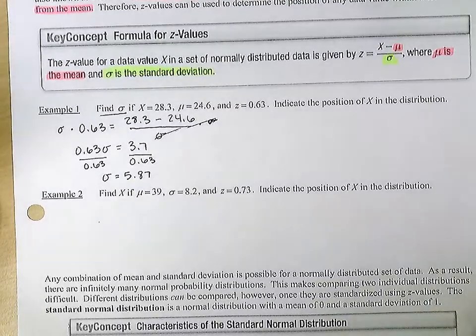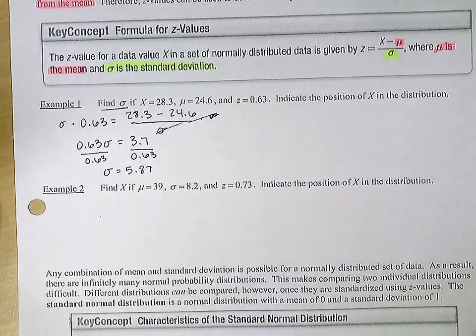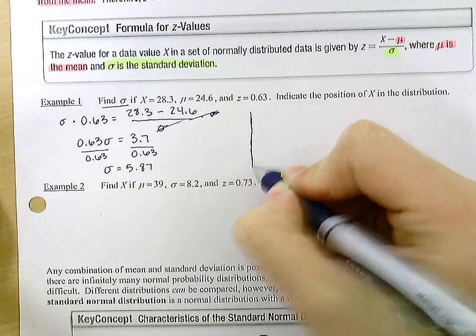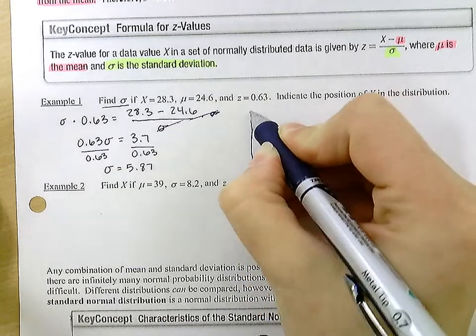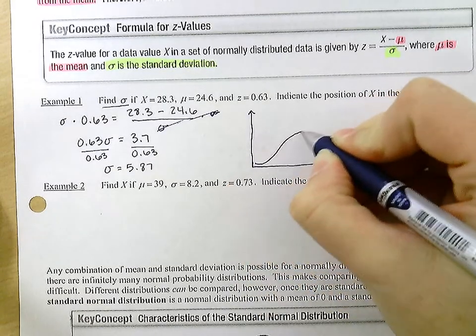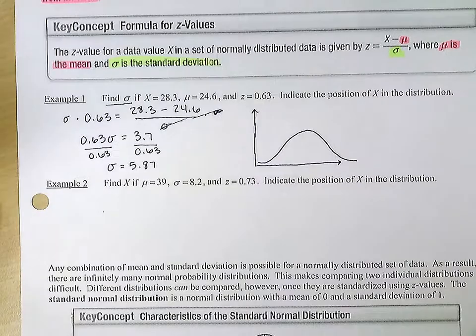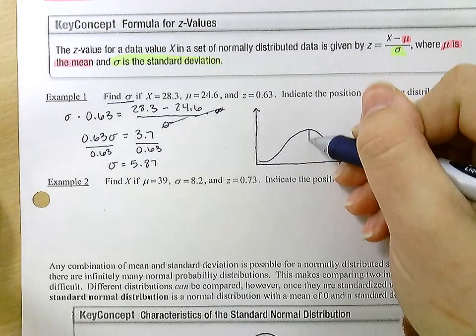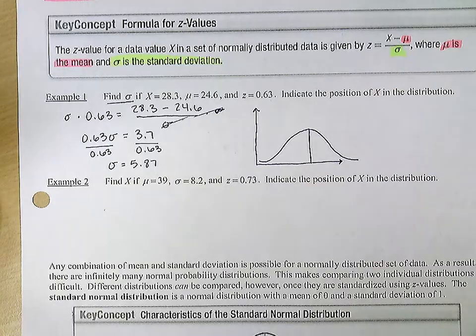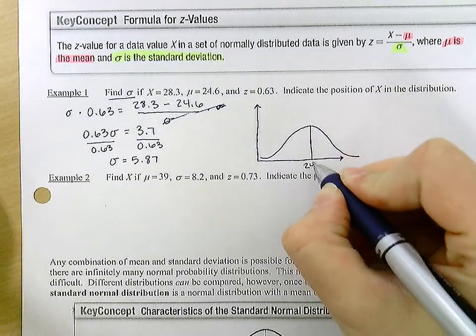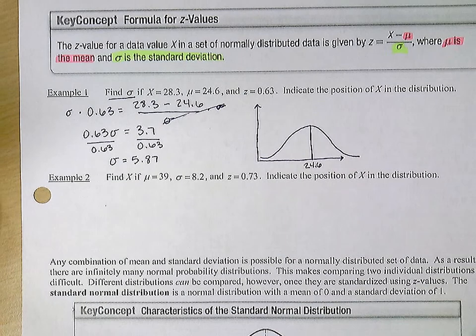If we were to look at our graph like we had yesterday, that curve we were working with, the center is your mean, 24.6. The x value they're talking about is 28.3.